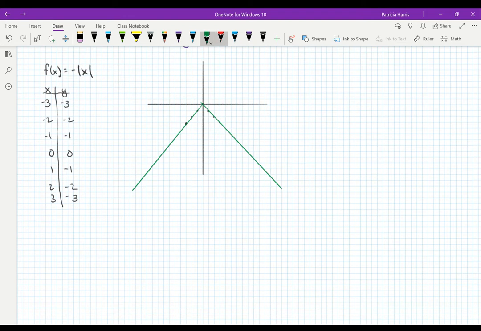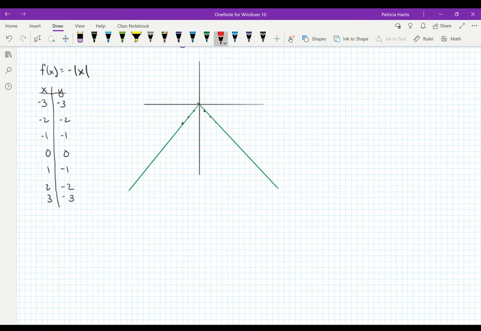Well, the vertex is in the same spot. But now, instead of being a minimum, now it's a maximum. Okay. On the left-hand side, it has a positive slope, or it is increasing.